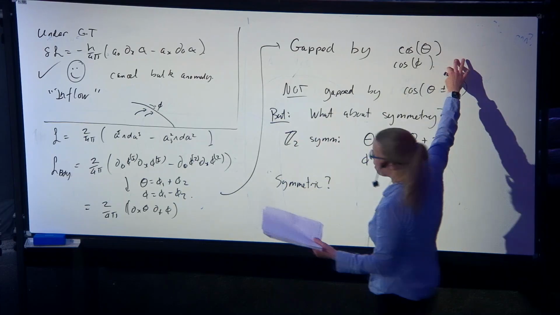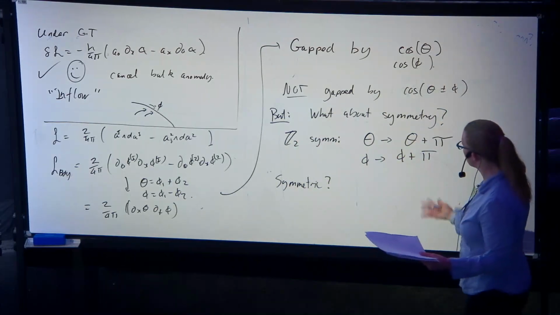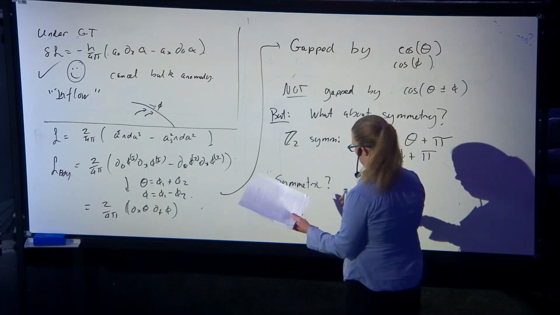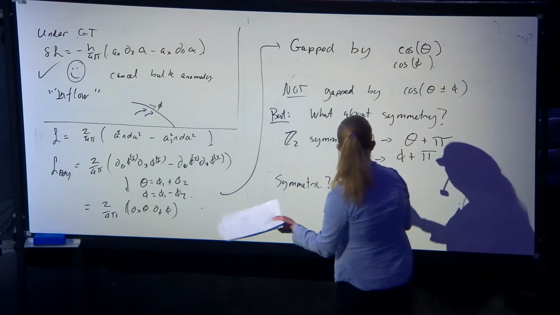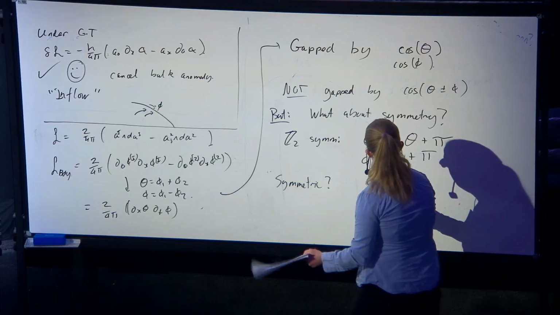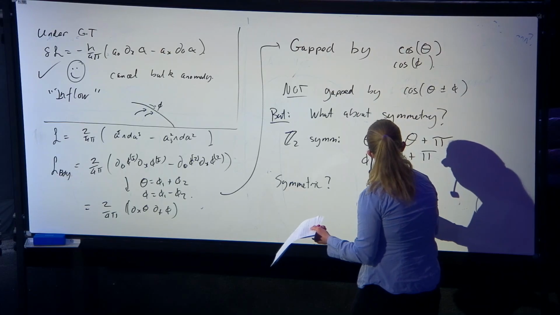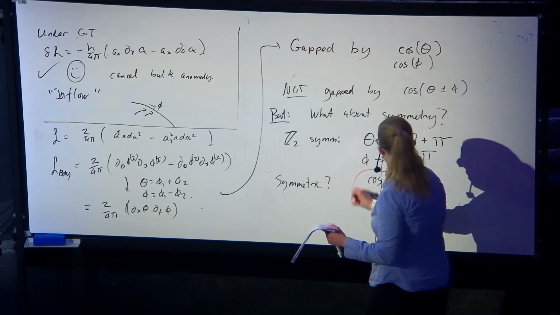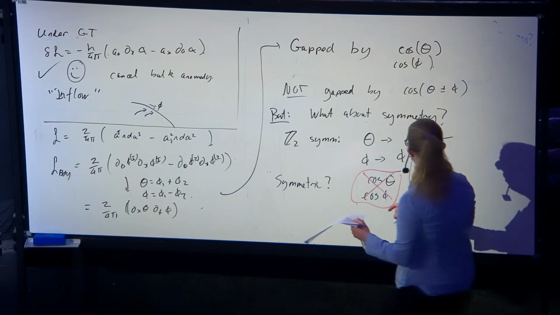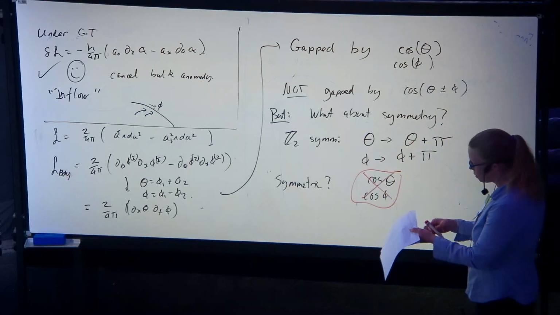And so what that means is that if I want to gap the edge in a way that's invariant under symmetry, that's symmetric, right, I'm not allowed to write down just cosine theta or cosine phi, right? These guys are out because they're going to change sign under the symmetry action.